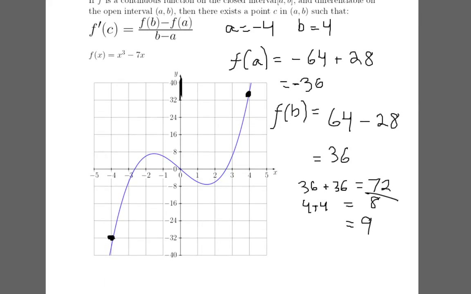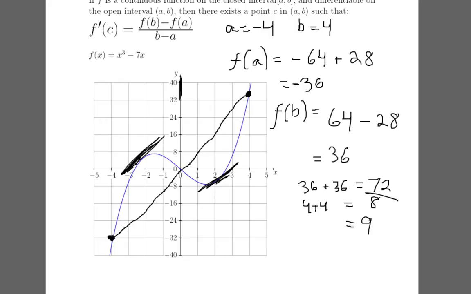So now we want to find a c such that the derivative of the original function is equal to 9. And it should be 2 points, since we showed earlier that the mean value theorem is concerned with this secant line and a tangent line that has an equal slope. So we should have 2 of them.